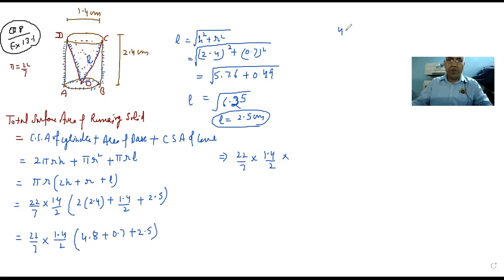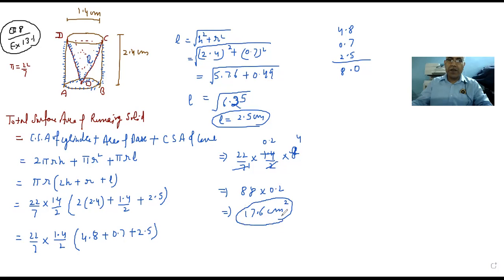So this is 4.8, 0.7, 2.5. This is the total surface area of the remaining solid.